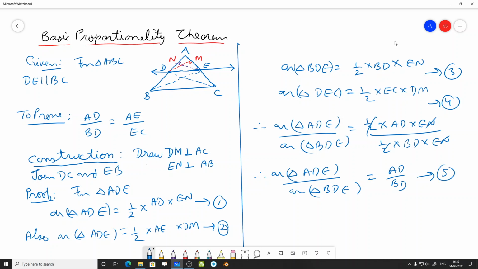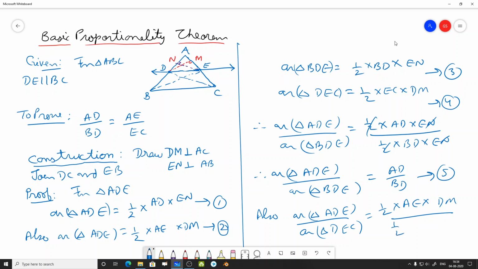Now similarly let us find the ratio of second and the 4th one. So also area of triangle ADE over area of triangle DEC will be equal to half into AE into DM over half into EC into DM.